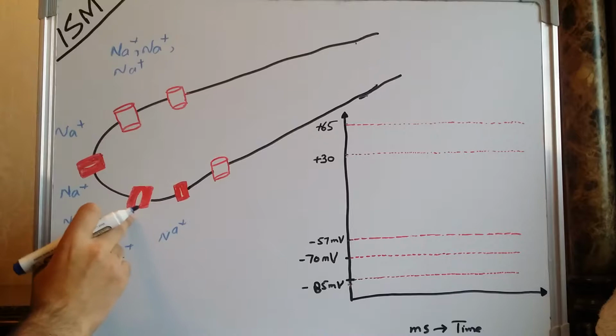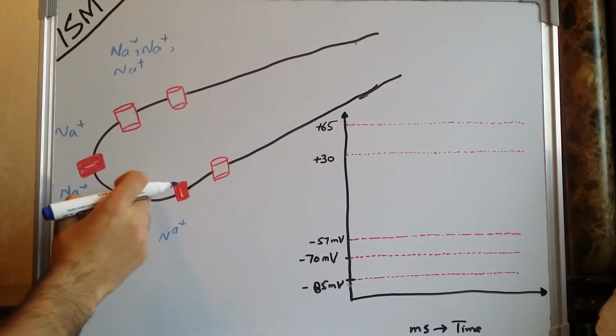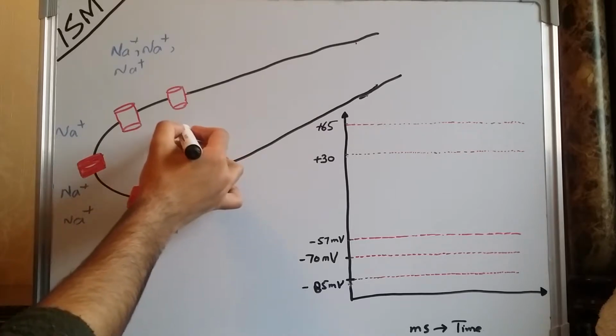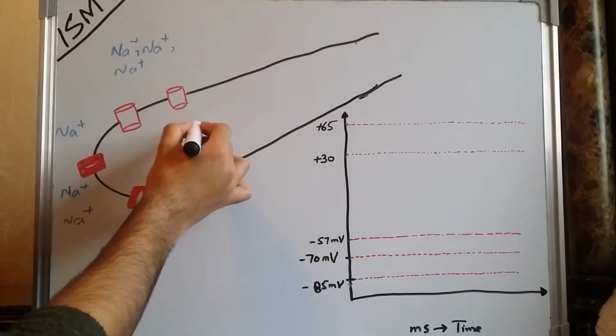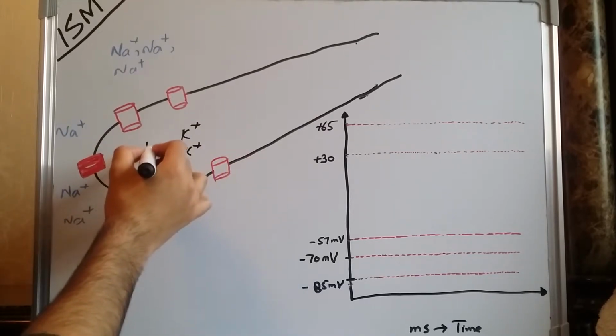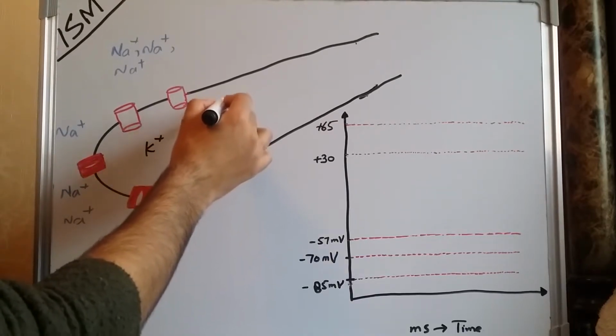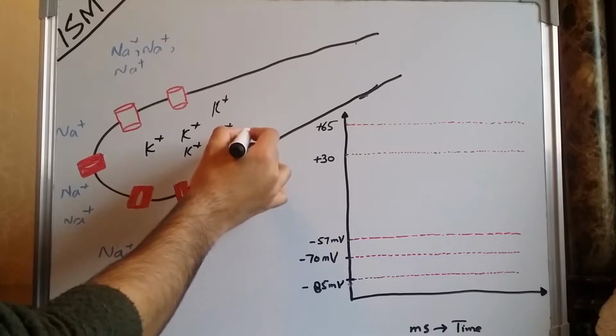Suppose this is a gate which is mechanically stimulated, so this gate will open up. The other gates work just like this. We know that potassium is greater inside. The concentration of potassium is greater inside, so these are the potassium ions inside.